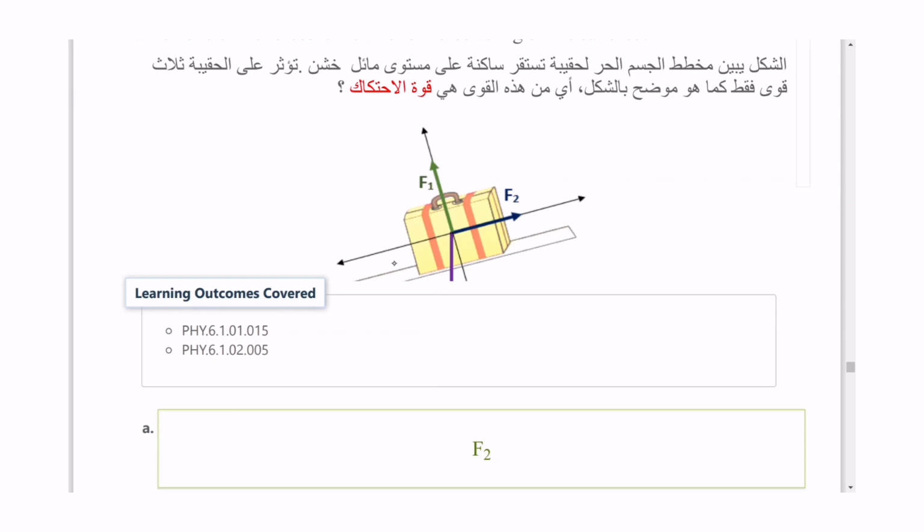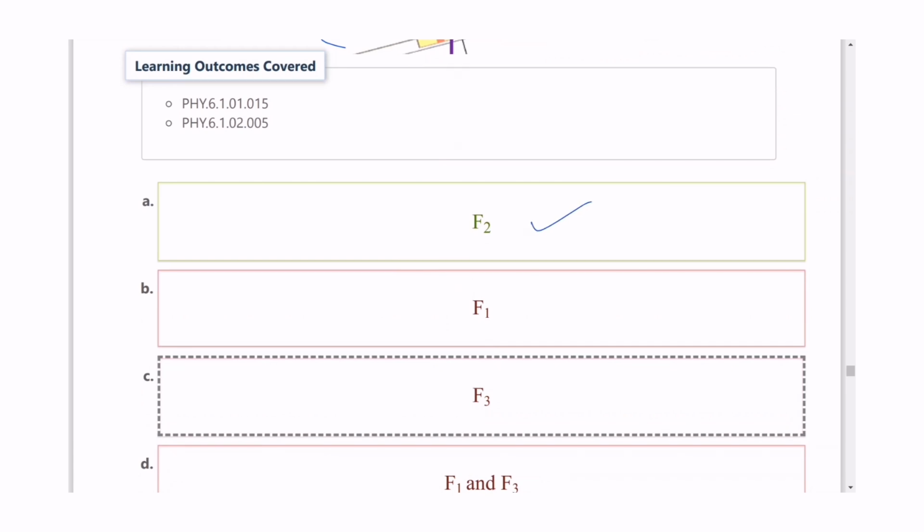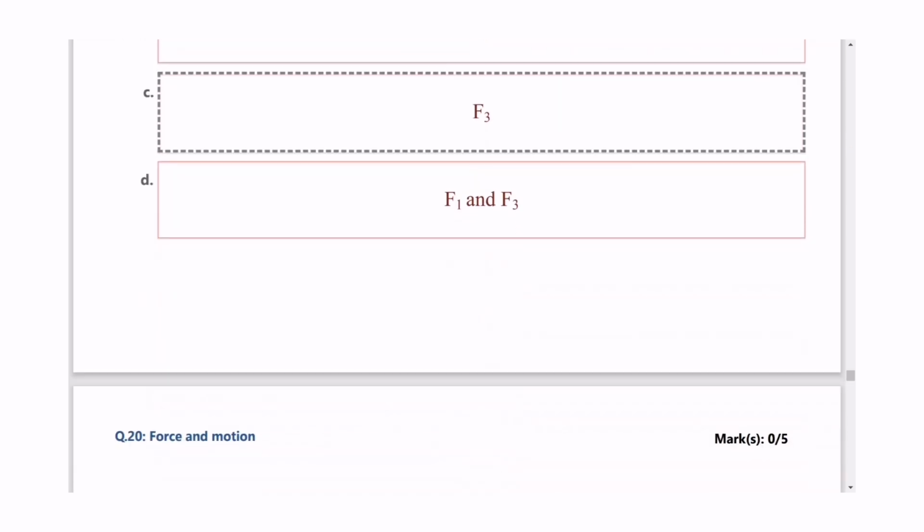Here the suitcase has a tendency to move down. The frictional force always acts opposite to the direction of motion. The box has a tendency to slide down the inclined plane, so the frictional force will be acting in the opposite direction. So F2 is the direction of the frictional force.